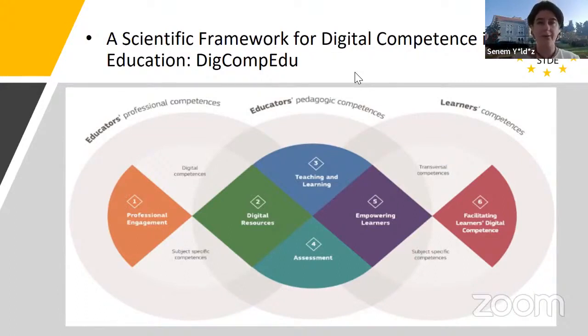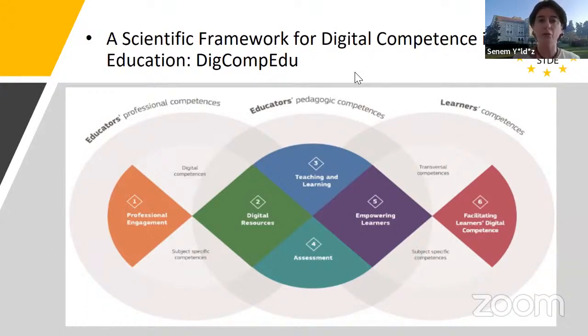There are certain levels that are assigned to teachers, but this is a developmental process. So if you are at an intermediate level, that doesn't mean that you're going to stay there. There's always space for a teacher to develop in this framework and learn more and become more digitally competent.